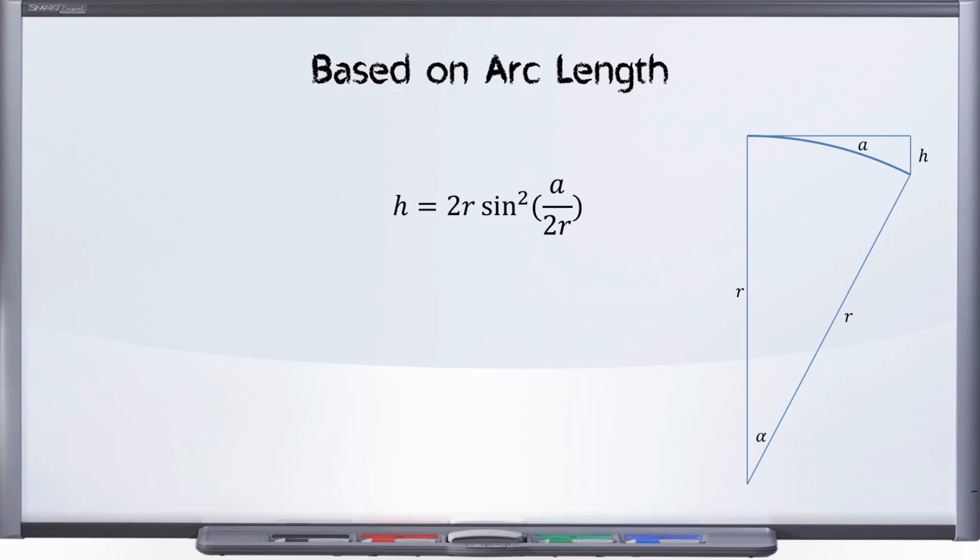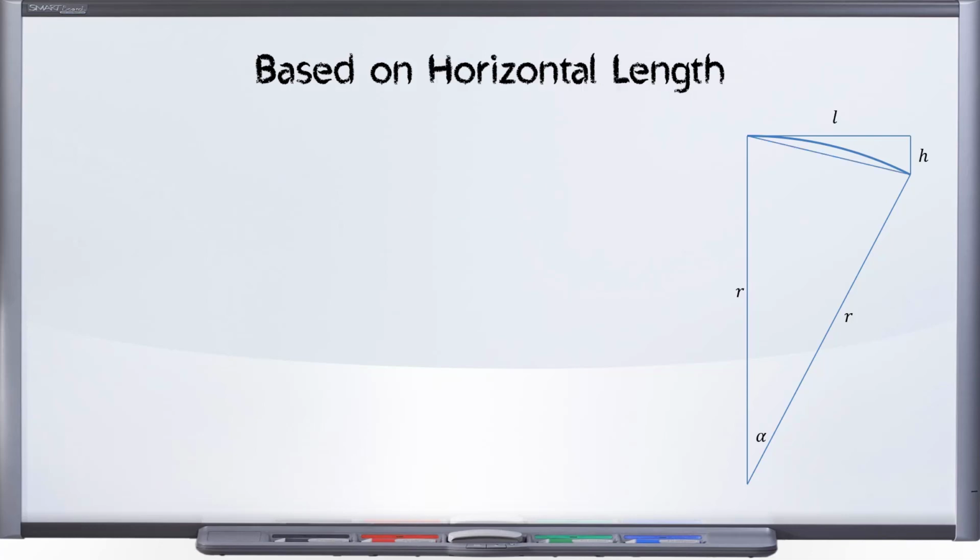You might have been expecting to see a cosine here instead of a sine squared, and let's take a look at exactly where that comes from. We could instead base it on this horizontal length L. Now at this point I'm going to link it up in the corner right there. Pop! AB Science does a fantastic video on the 8 inches per mile squared approximation and how the approximation was derived.